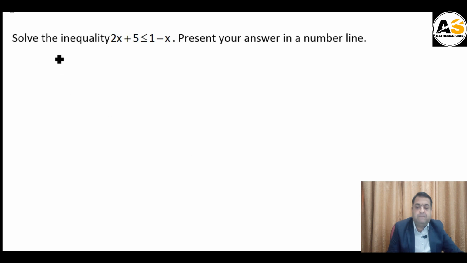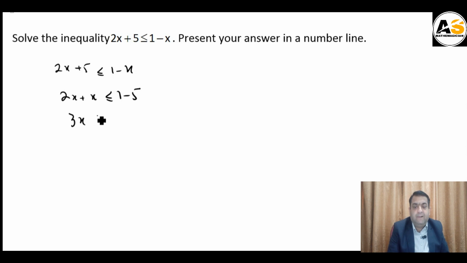Our next question. We have to solve this inequality. Again, we have to present the answer on the number line. The inequality is 2x plus 5 is less than or equal to 1 minus x. 2x plus x is less than or equal to 1 minus 5.